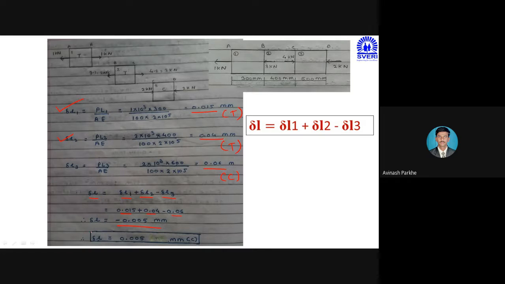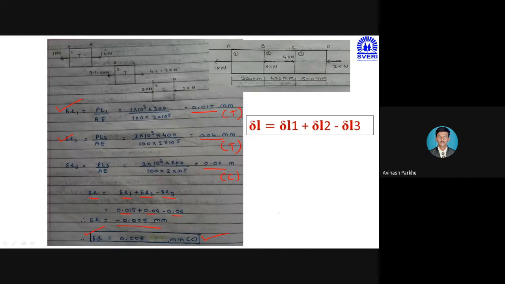The same answer I will represent here: delta L is equal to 0.005 mm in bracket capital C. Means after applying the loads which are applied externally and internally, according to the final negative answer, I can say that the bar is under compression, means the length of that bar goes on decreasing.